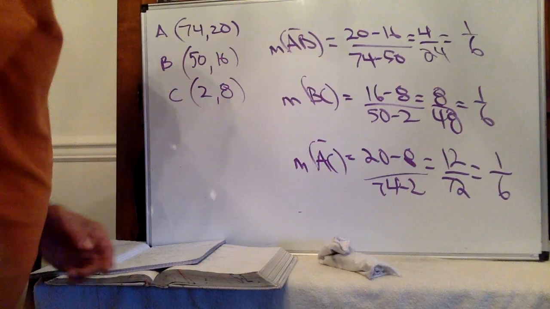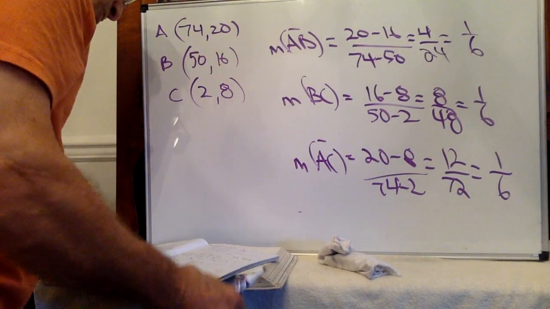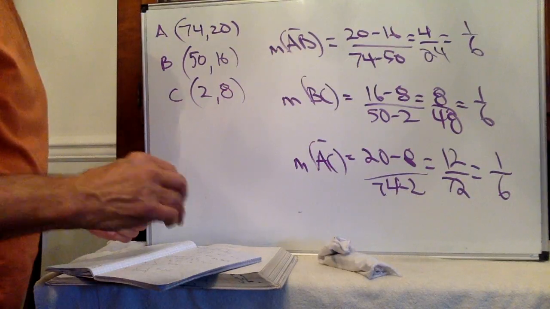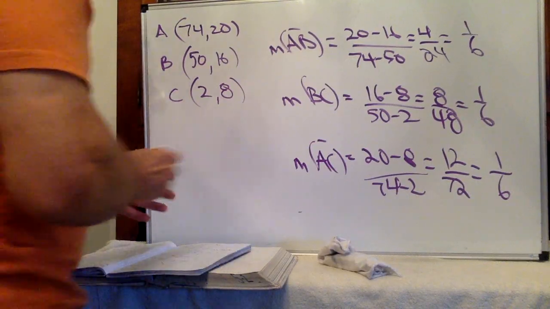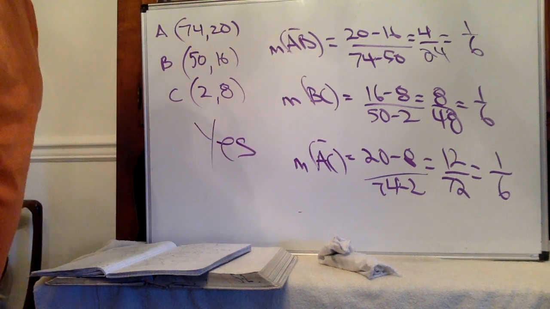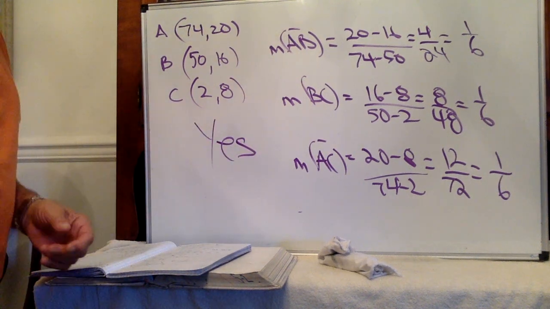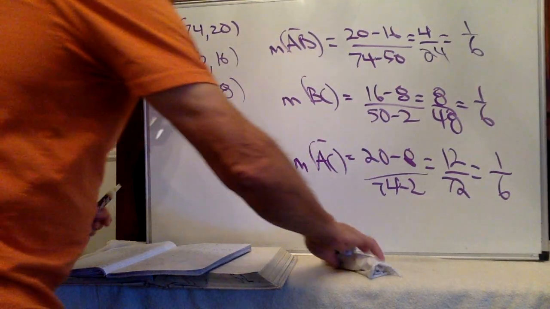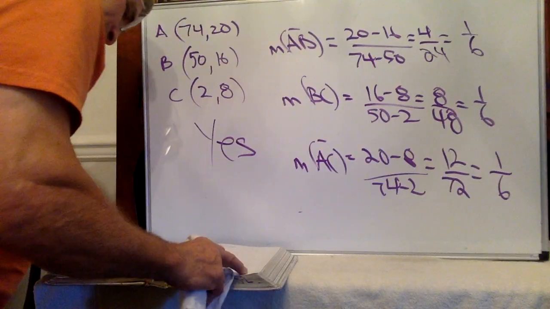Therefore, the points are collinear. The only way they could have the same slopes is if they're on the same straight line. So the answer to this one is yes. They are collinear. Okay? Everybody good with that, hopefully.